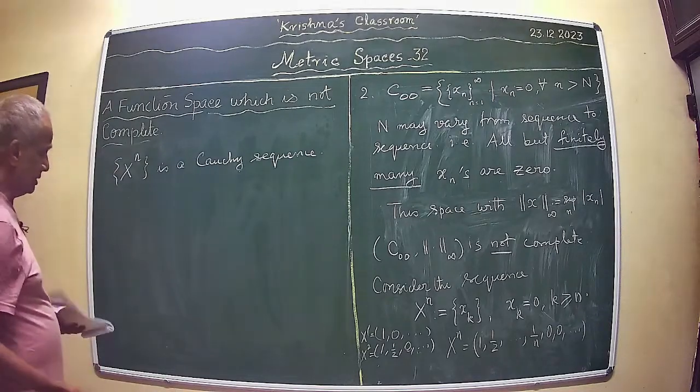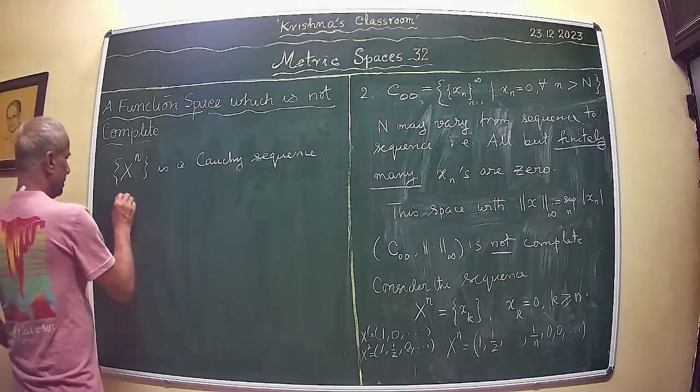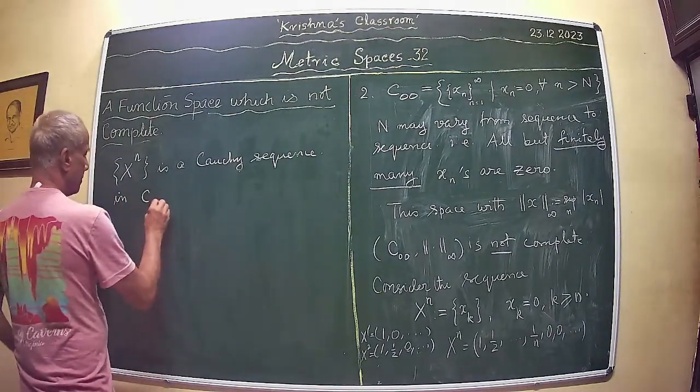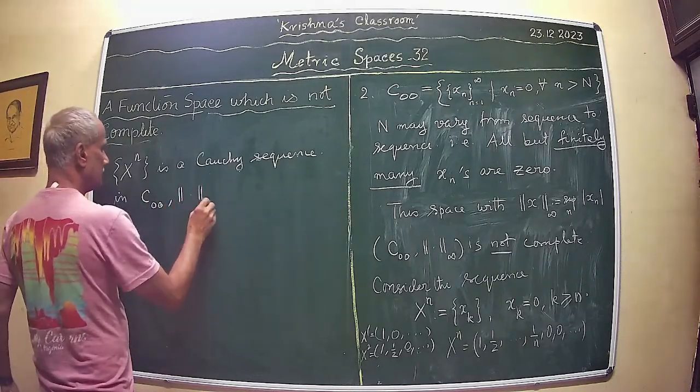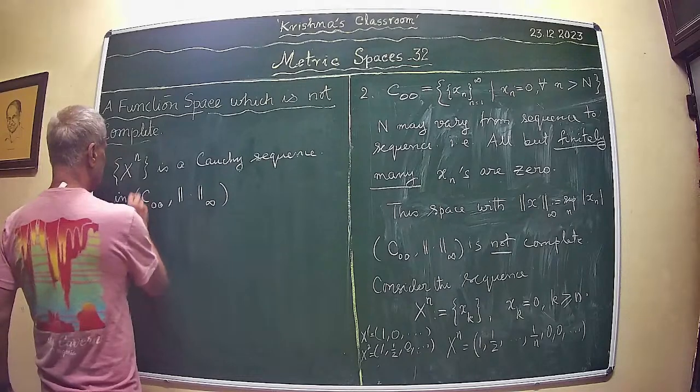It's a Cauchy sequence in C naught naught with the norm infinity.